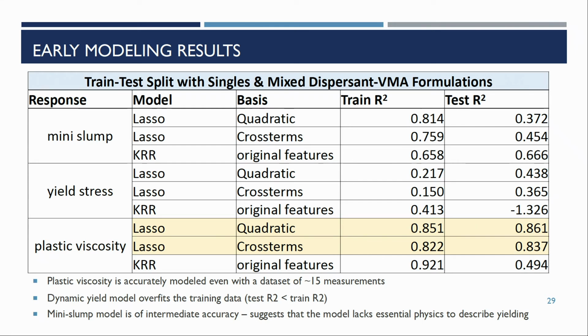Our sense is that the plastic viscosity still matters as a component to that. We do okay with the mini slump. So right now, we're more accurately capturing the responses of the viscosity.